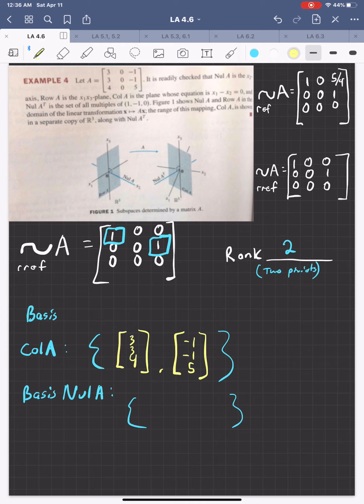But if you think about what is the free variable here, in this case, x sub 2 is the free variable. So when you write that as x sub 2 multiplied by some vector, we'll figure out what vector that is, but think about it as if there's only one free variable, then there's only going to be one vector in the basis for my null space. Now, what is that vector?